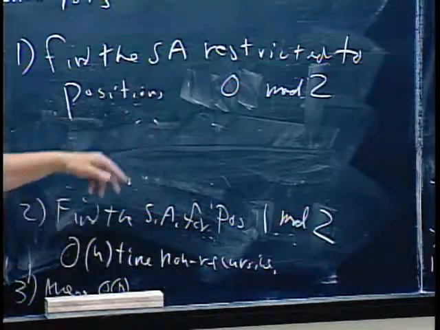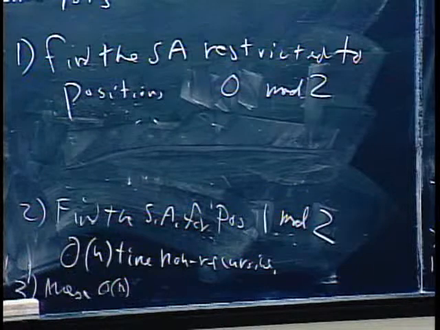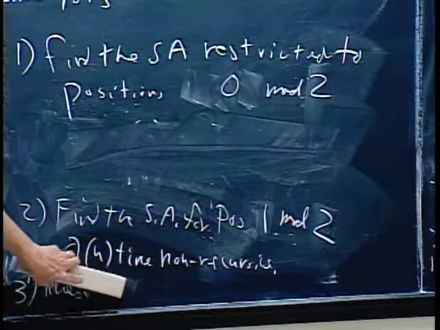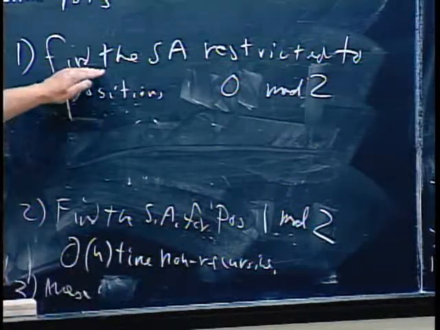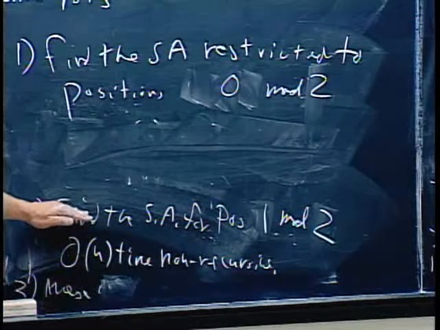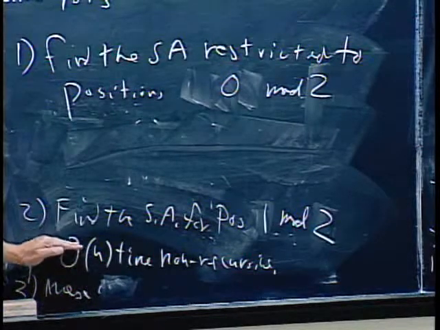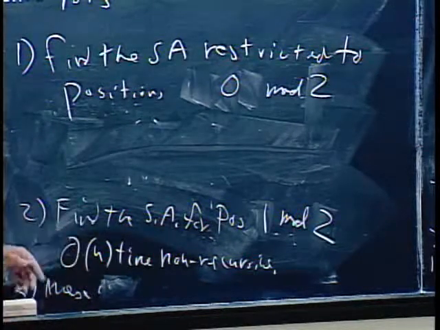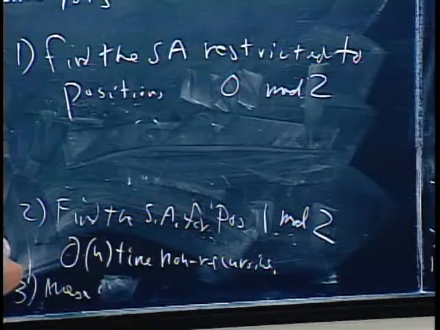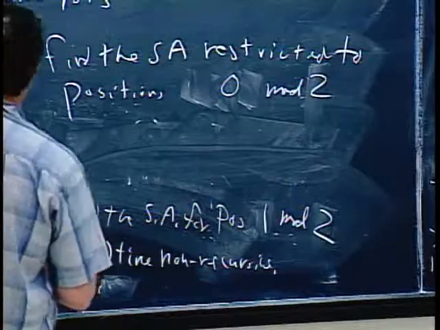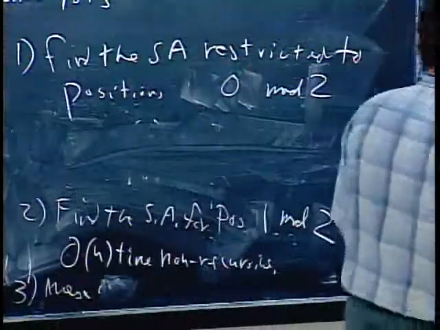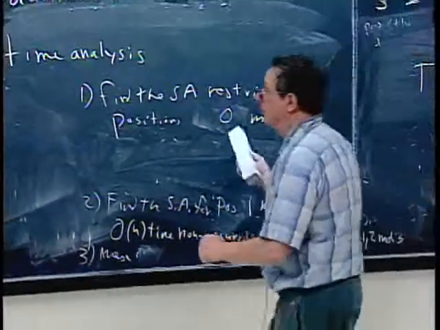The same kind of idea that we had before, and then I'm going to merge, okay? So you'd find the suffix array restricted to the even positions, you'd find the suffix array restricted to the odd positions, and then exactly by the logic of merging we had before, you can just merge those two lists. But now think about what you have to do when you're merging lists like this.